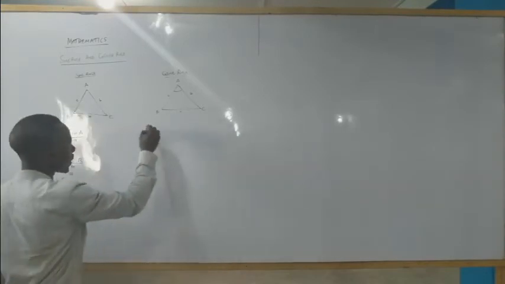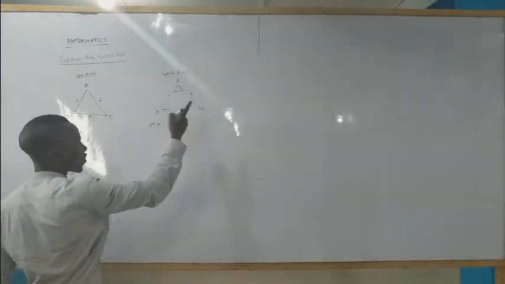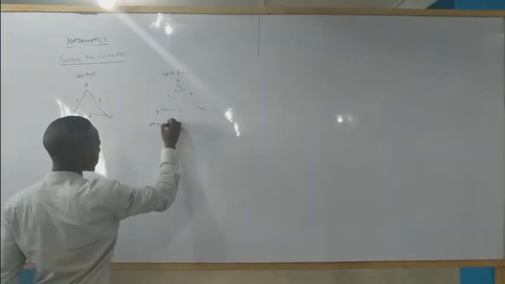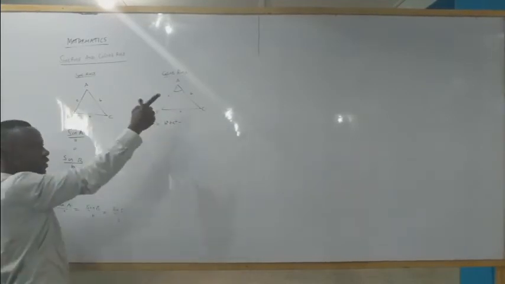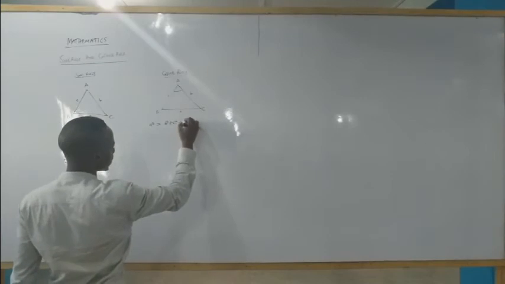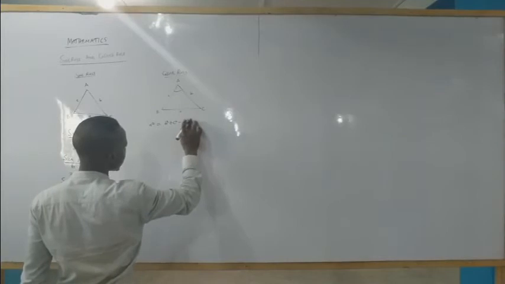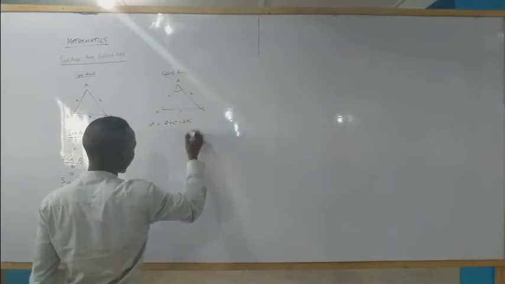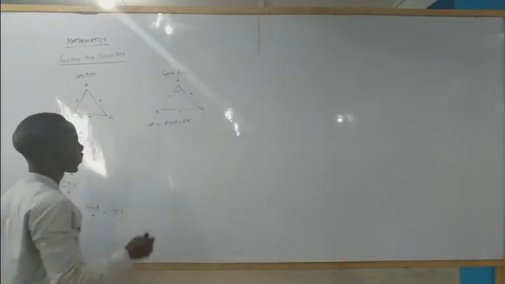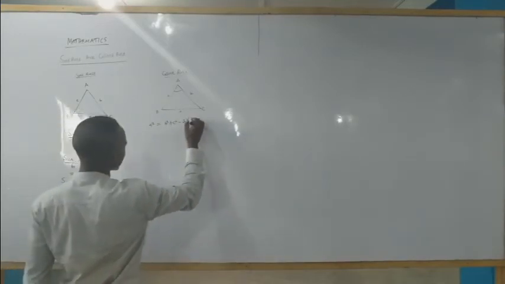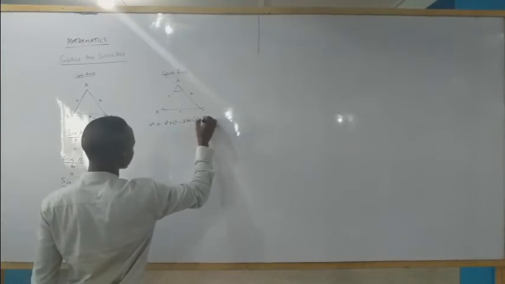So a squared is equal to the sum of the squares of b and c: b squared plus c squared minus twice the product of the two given sides, that's still b and c, 2bc, multiplied by the cosine of the included angle, cos A.